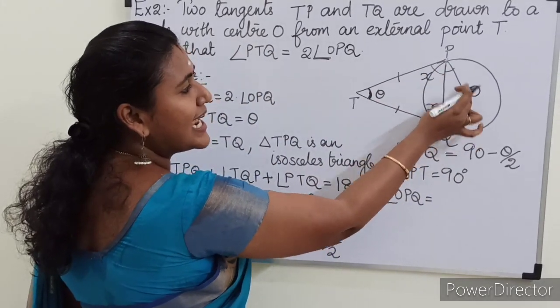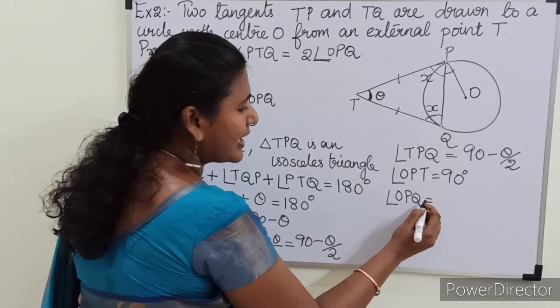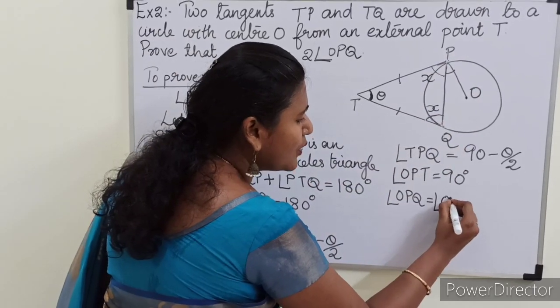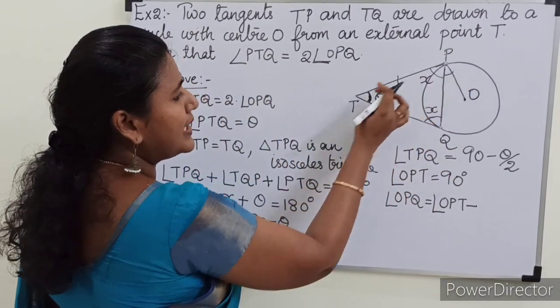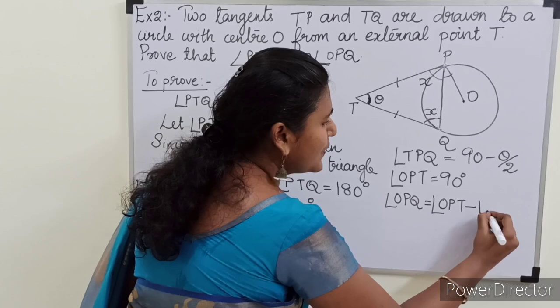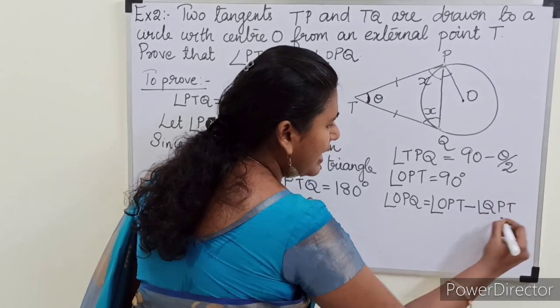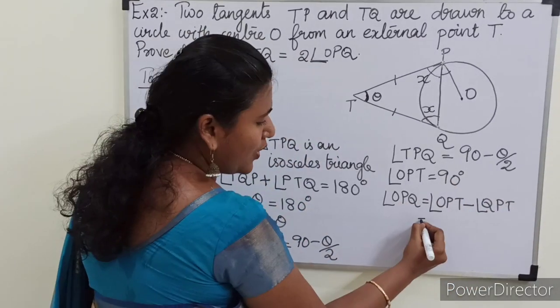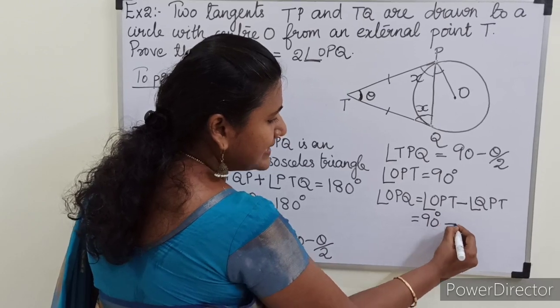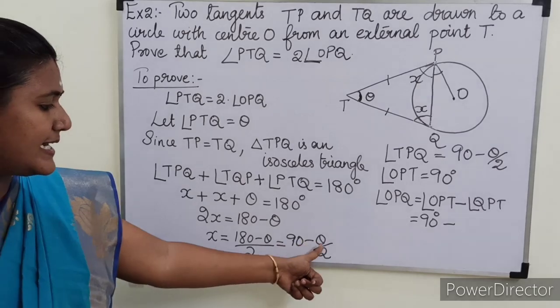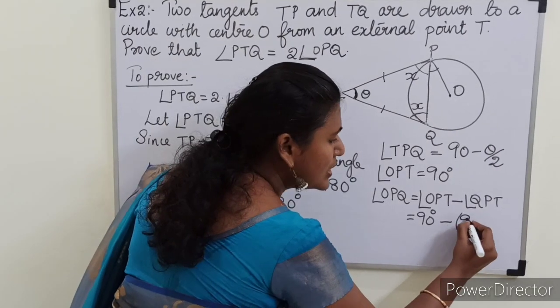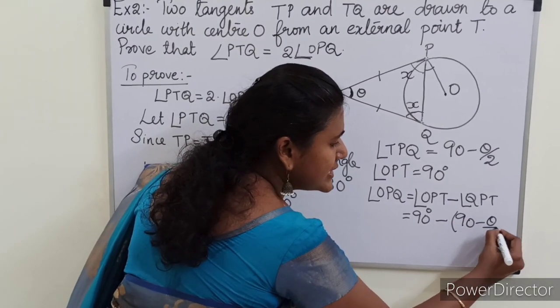So angle OPQ is equal to angle OPT minus angle QPT. Now this is 90 degrees, and this is nothing but x. We have already got the angle as 90 minus theta by 2.